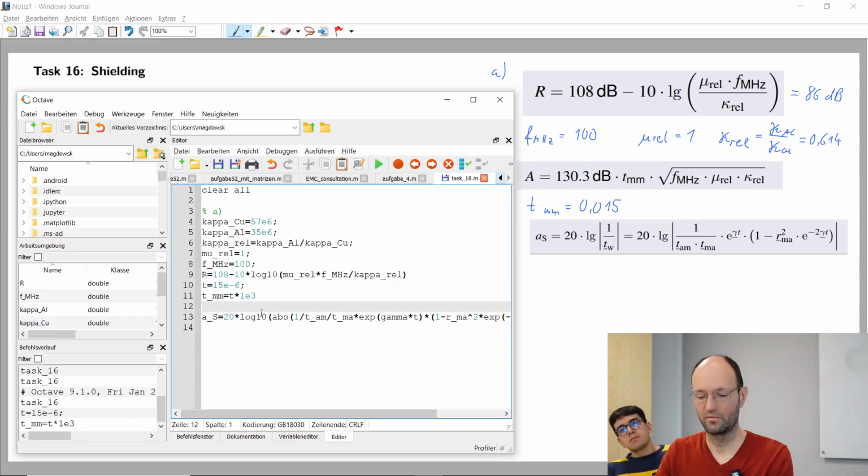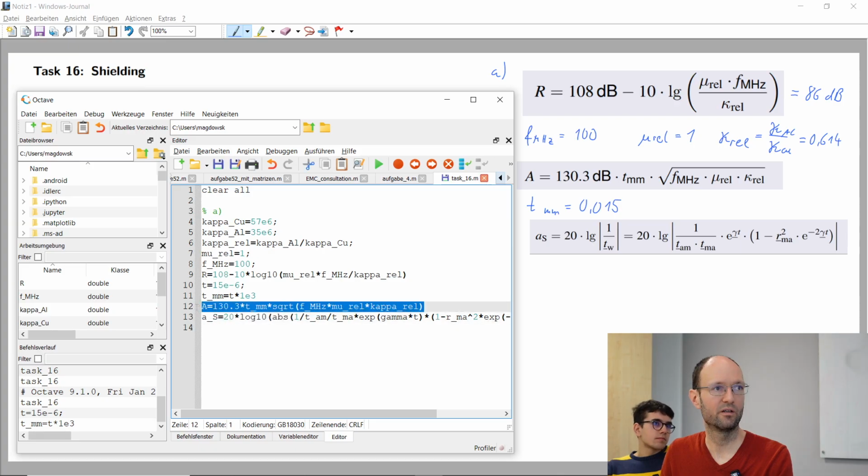And this is what we insert into this formula. So our absorption loss is 130.3 dB times the thickness in millimeter that we just used, multiplied with the square root of the frequency in megahertz, multiplied with the relative permeability, multiplied with the relative conductivity. And that should be it.